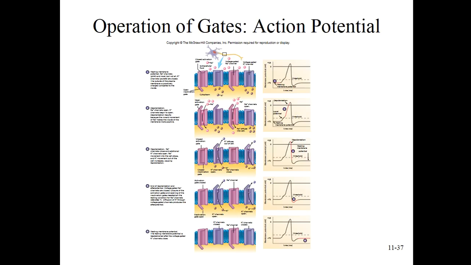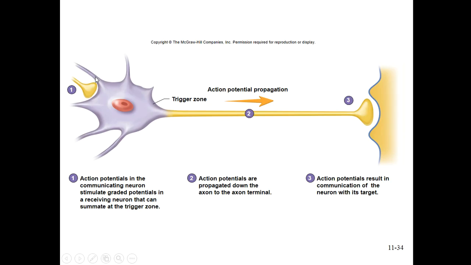It's a really key concept to this chapter, and it has to do with the trigger zone. If we go back here, remember, if we stimulate this thing a little bit, nothing happens. But if we stimulate it enough, it's going to fire. That number, negative 55, is what's going to open these doors at the initial segment and cause the signal to travel full strength, full speed, all the way down to the end.